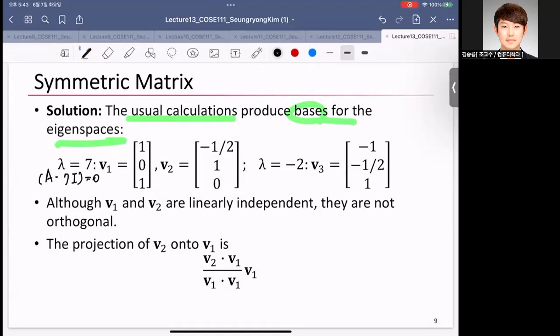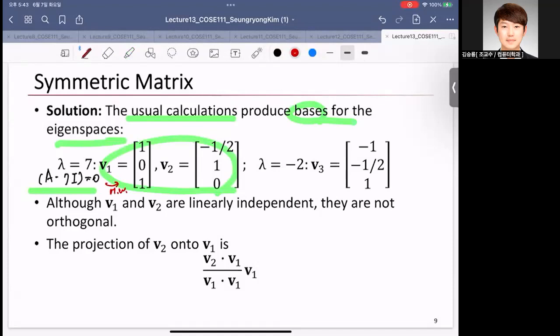Then a basis for this eigenspace is V1 and V2. Please try to derive it yourself. I just assume you can do that because we already discussed so many times how to find the basis for the null space.